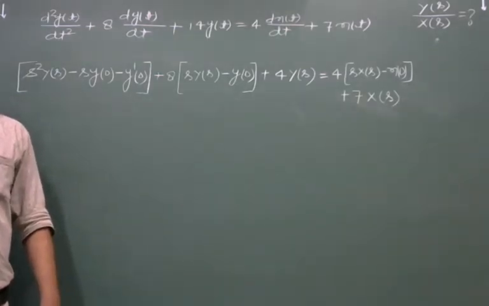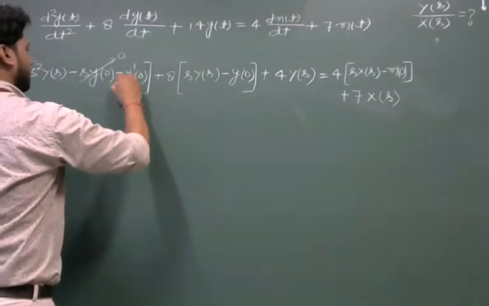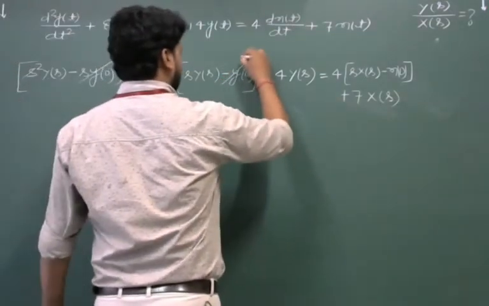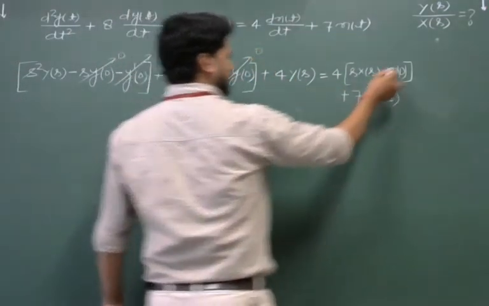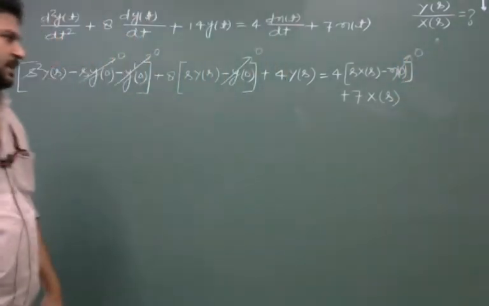So if the initial conditions are 0, this will become 0, this is also 0, and this x(0) is also considered as 0.